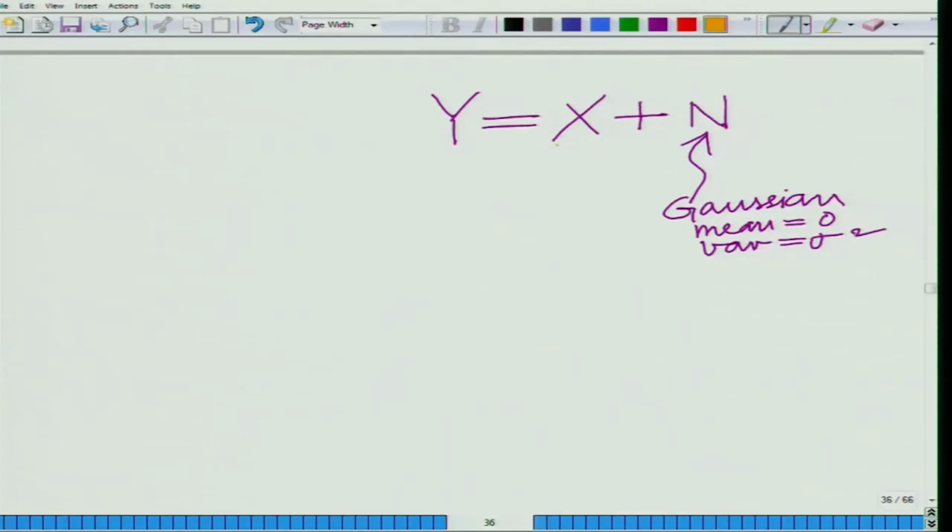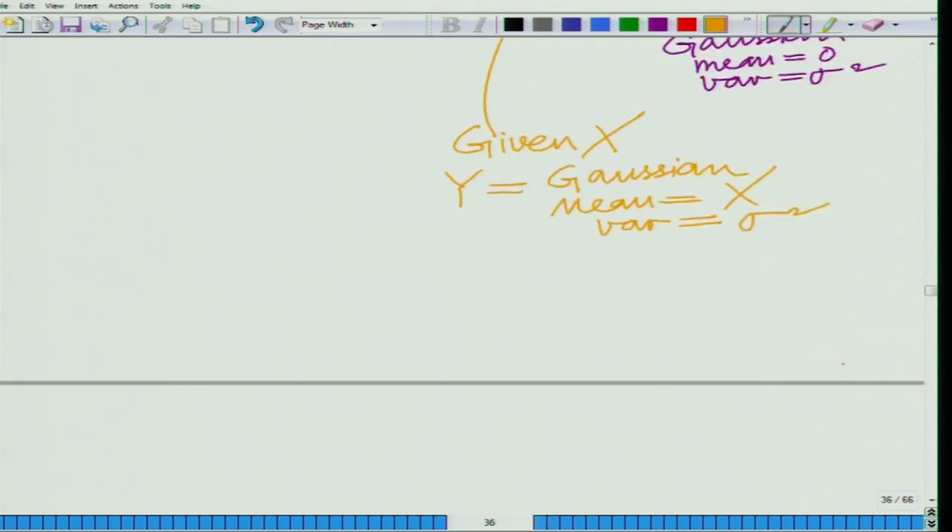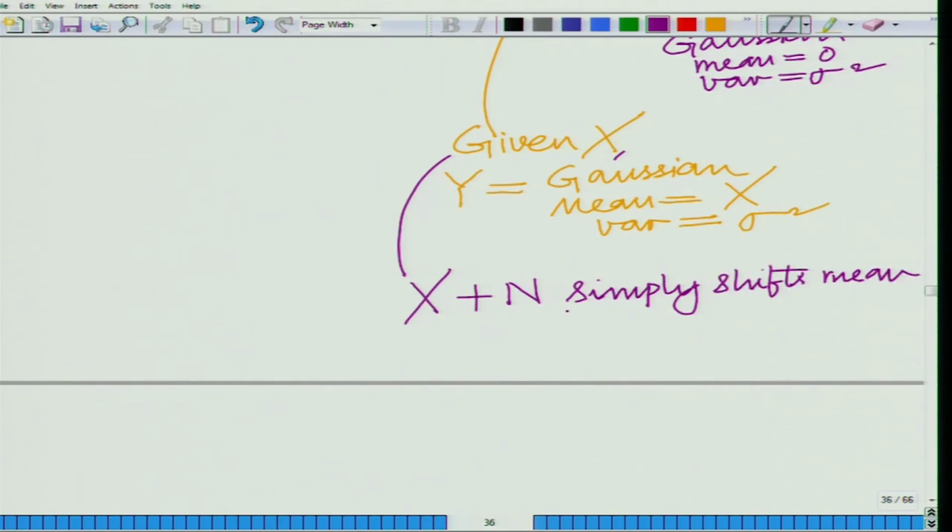So given x, this is something very important: y equals x plus n is Gaussian, with the mean shifted to x, and the variance remains unchanged.